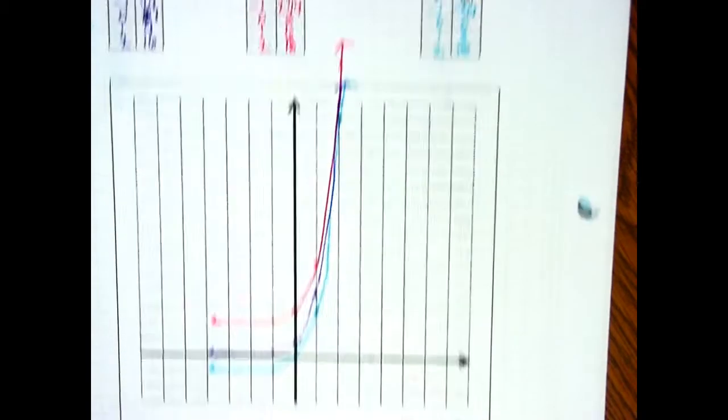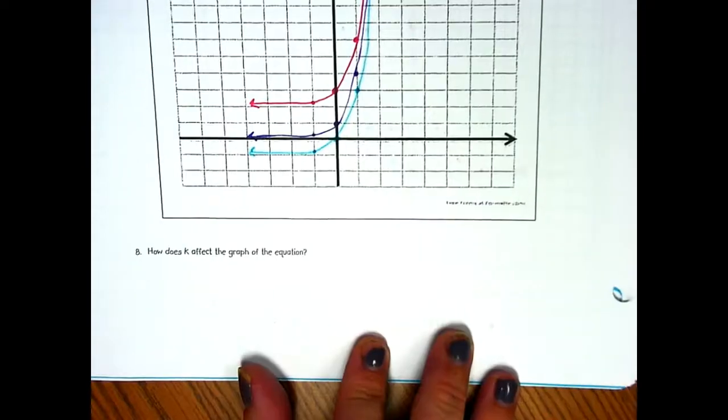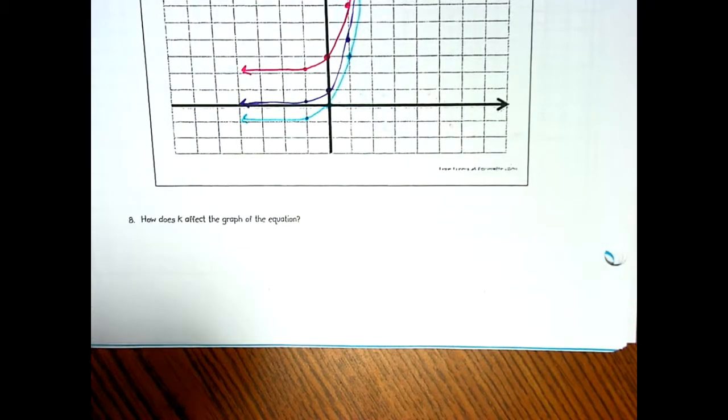Okay, so the effect, or how does k affect the graph of the equation? Okay, I've got 2 things.